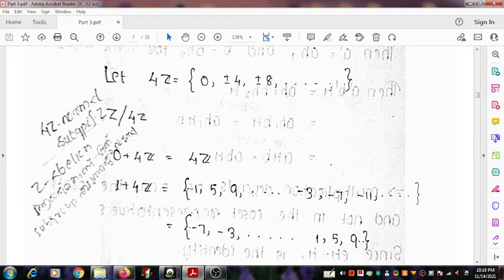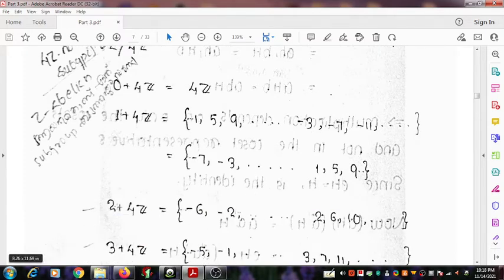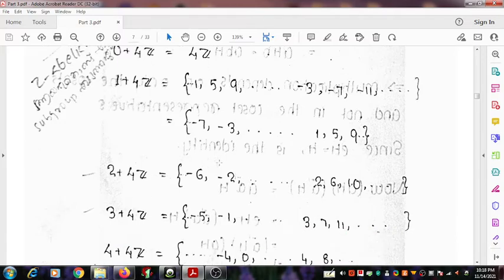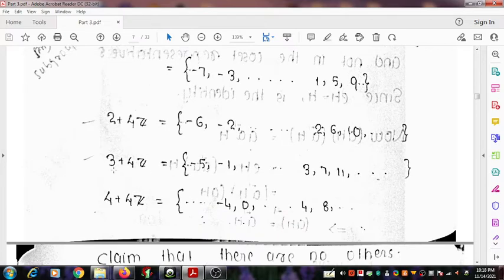In a similar way, we can find 2 plus 4Z that contains elements minus 6, minus 2, etc. On the positive side of the real axis, we have 2, 6, 10, etc. The elements of 3 plus 4Z are minus 5, minus 1.